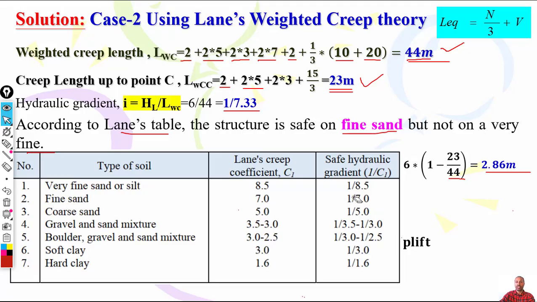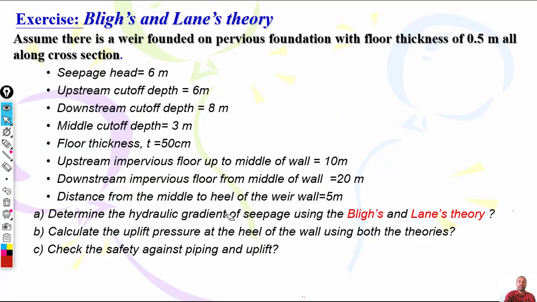Okay, so as exercise, you can check this one, Bligh's and Lane's theory. Assume there is a weir founded on pervious foundation with floor thickness of 0.5 meter. All along cross section, you have seepage head, 6 meter, upstream cutoff depth, 6 meter, downstream cutoff depth, 8 meter, middle cutoff depth, 3 meter, floor thickness, 50 centimeter, upstream impervious floor up to the middle of the wall.